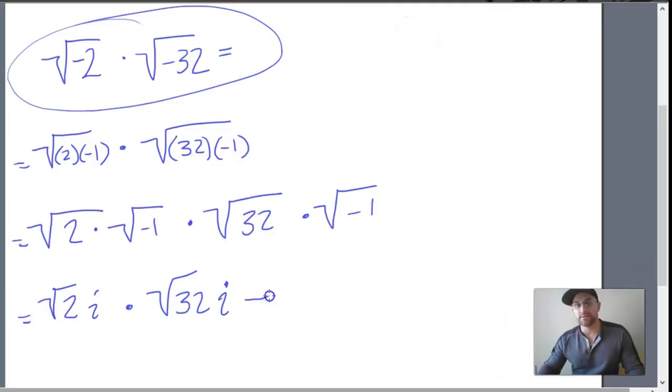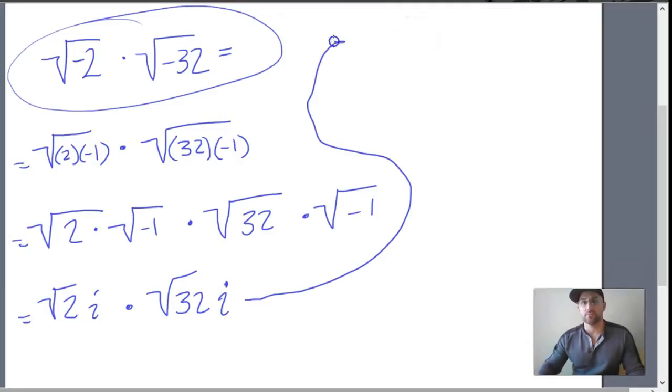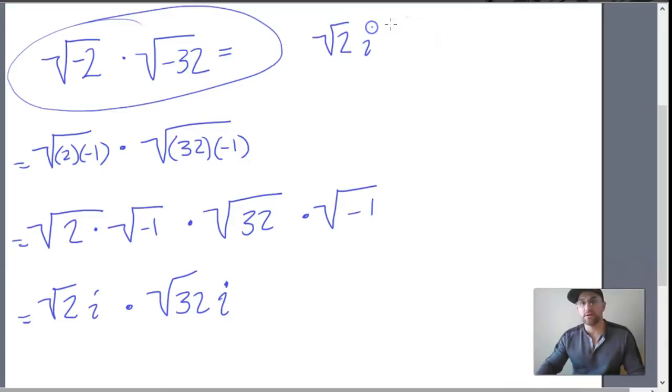All right, now let's take this up here. So we are going to see we have square root of 2 times i times square root of 32 times i. We can combine these two i's by multiplying.